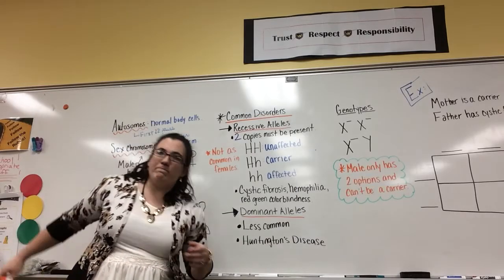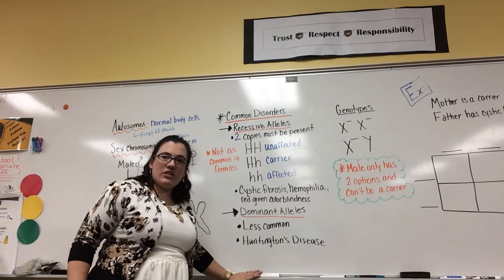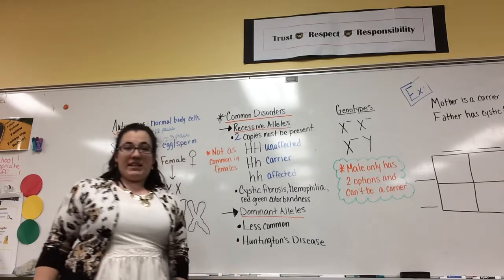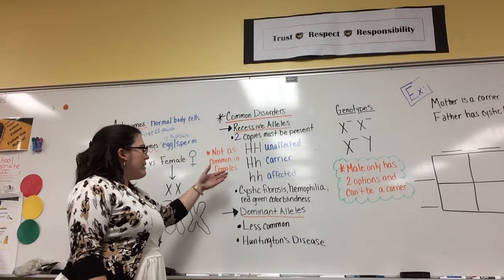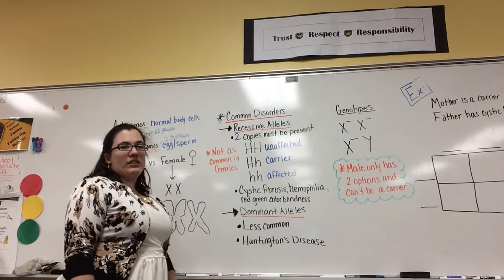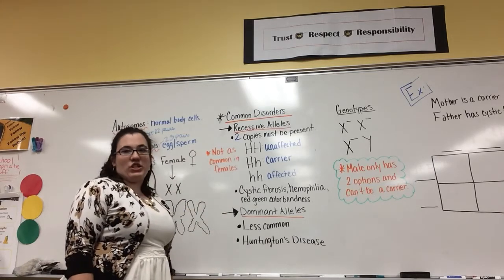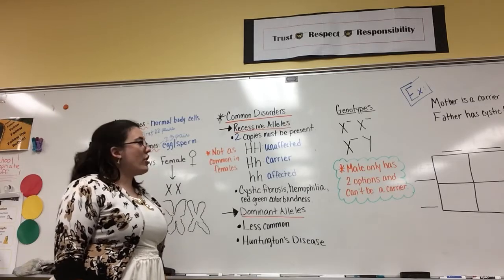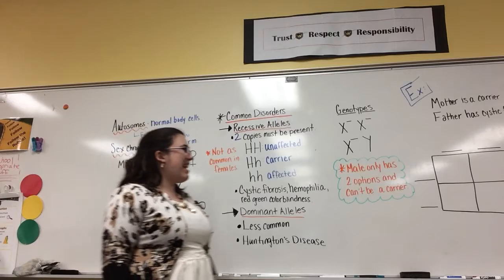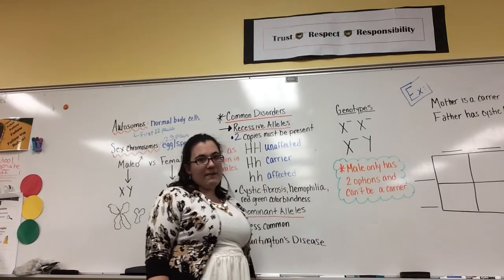So a lot of these recessive disorders are much less common in females than they are in males, from the fact that females have 3 possibilities, and so they have a 66% chance of not having a recessive disorder, while males with only 2 possibilities only have a 50% chance, right?